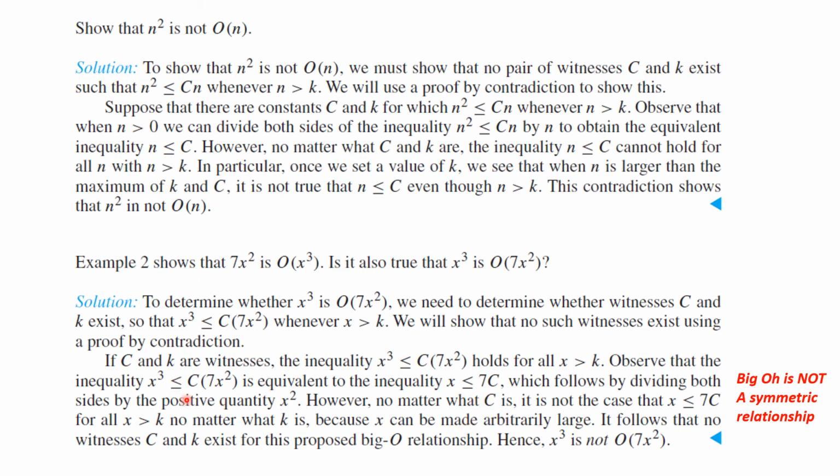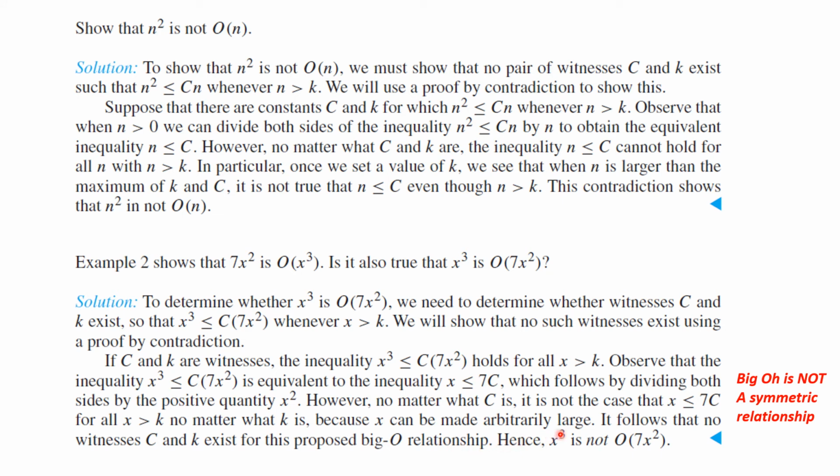So x is less than or equal to 7c. However, no matter what c is, it is not the case that x is less than or equal to 7c for all values of x bigger than k, no matter what k is, because you could pick k to be 10c, where c is a positive number.